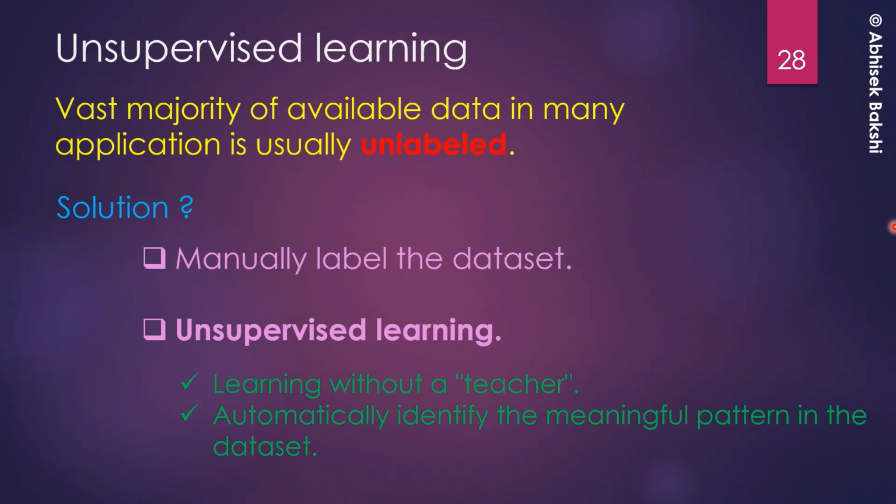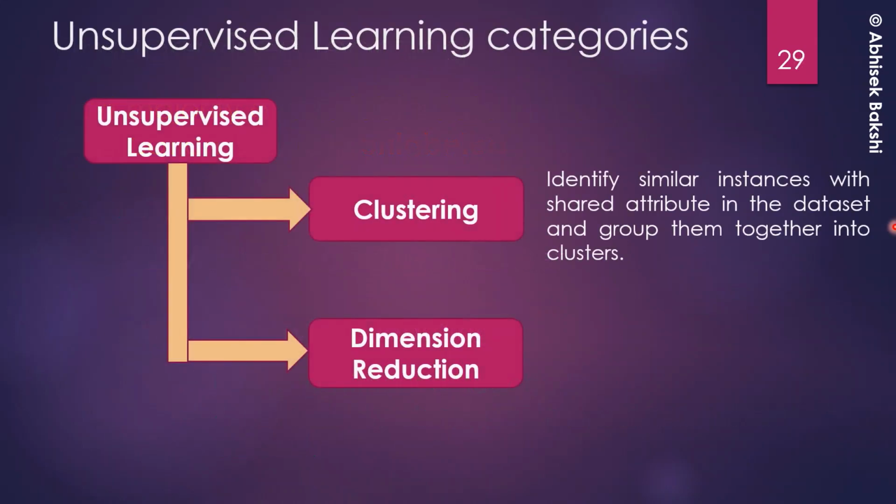The motivation for unsupervised learning is to automatically identify some meaningful pattern in that dataset from the distribution. How to do this, we'll come to soon. But before that, let's see what the different types of unsupervised learning are.